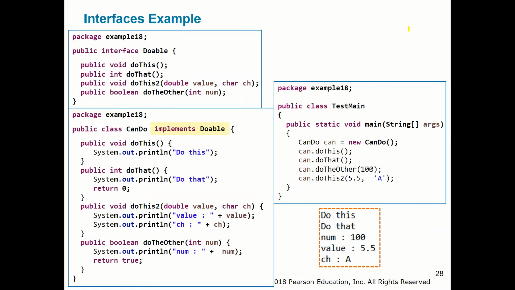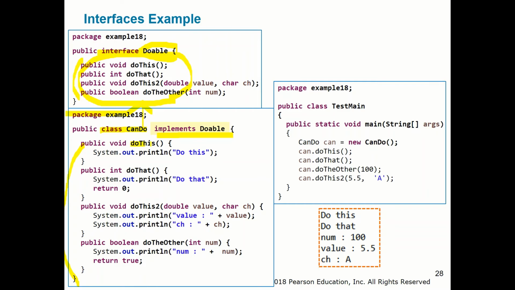Let's see this example. This is an interface Doable. It has 4 abstract methods, and this class CanDo implements Doable. So this interface is a parent of this class. This class has 4 methods. All of these methods are overriding methods from the parent Doable.